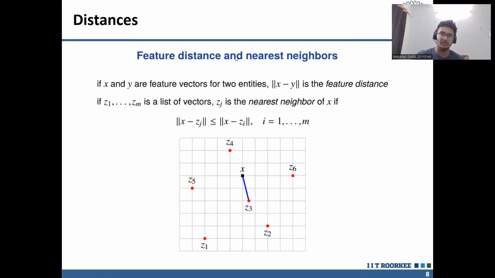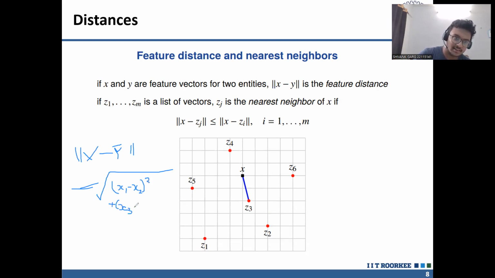So now we will look at the next application, which is about distances. Basically, the distance between two vectors is defined in norm form. For example, the norm of x minus y is the feature distance. In Euclidean space, we define it as the square root of the sum of the squares of the differences of all components of the vector.